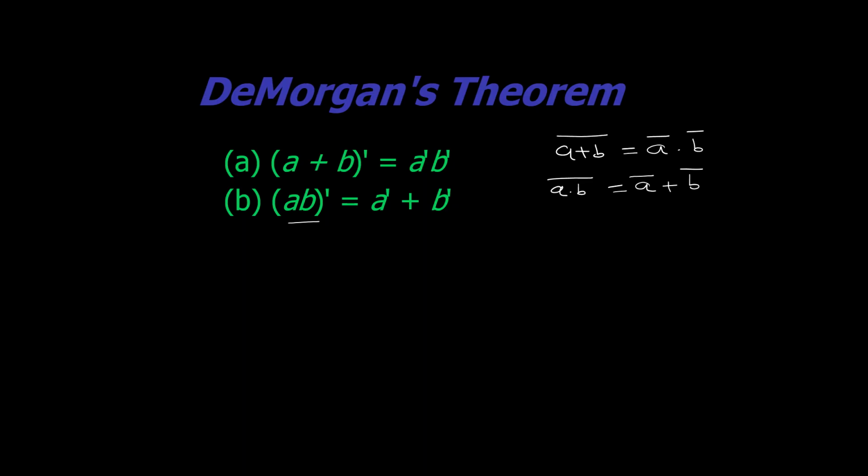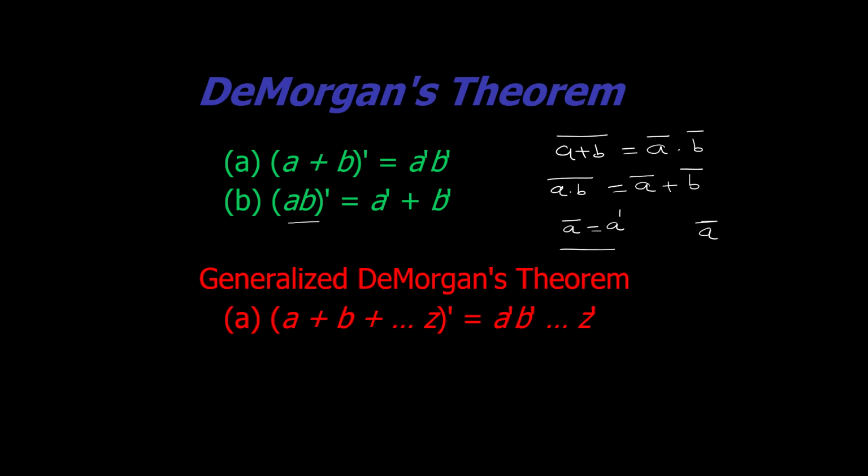Complement you can write as I already told you, like this. You can choose any method. This is more convenient, a bar. This is a generalized method.